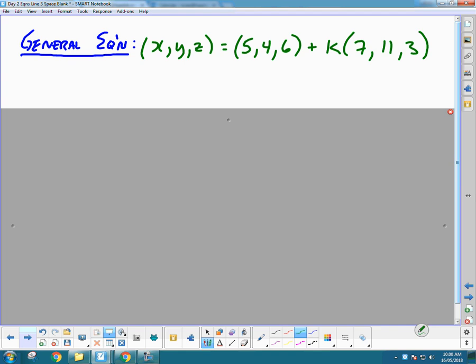And so just like yesterday, we can describe any point on the line by taking any given point and adding a scalar multiple of the direction vector.